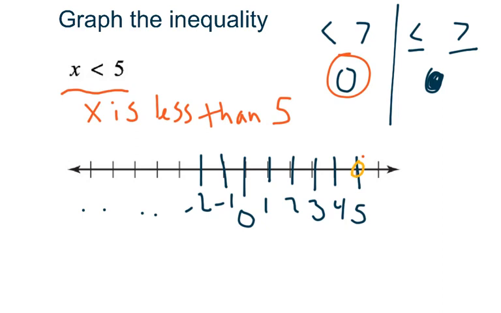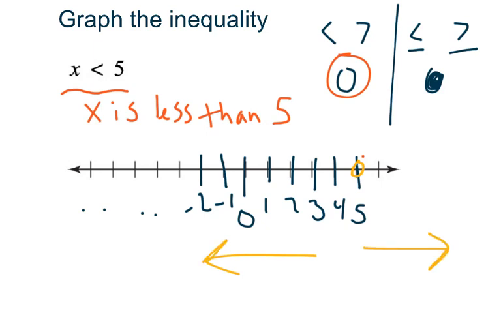Sometimes people like to put their dots above and then graph left or right and do it above the number line instead of doing it directly on the number line. I like to do it directly on the number line. Okay, so x is less than 5. So right now we have an open dot at 5. Now I've got to graph less than. So which direction is less than? Is this direction less than, or is this direction less than?